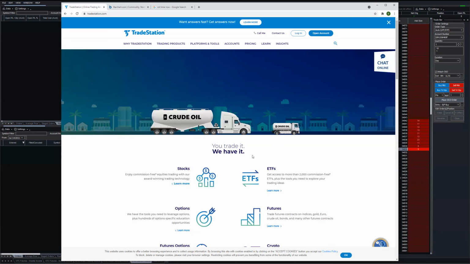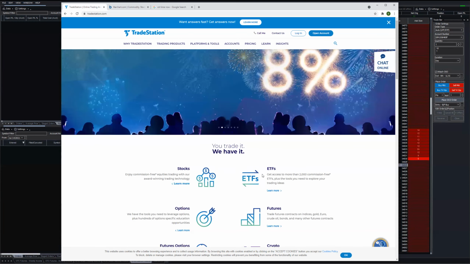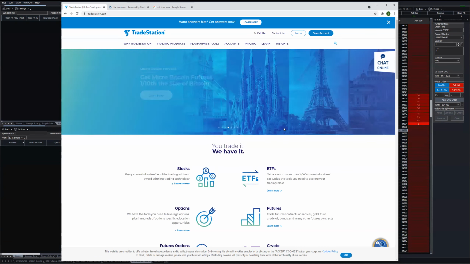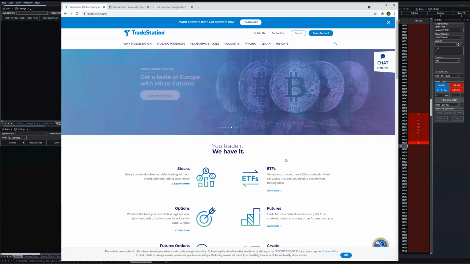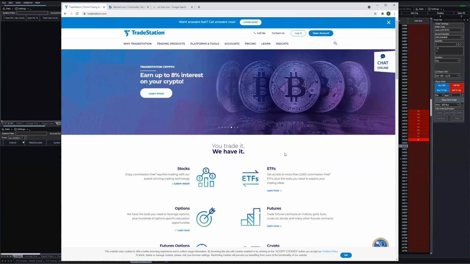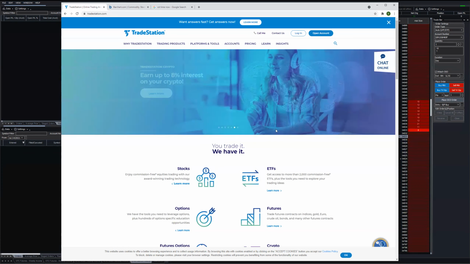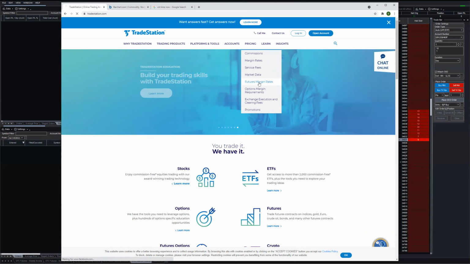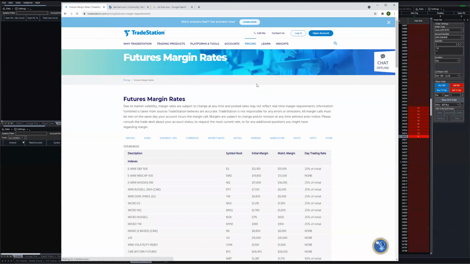If they introduce minis and micros on more products, they definitely get more retail customers. So I think this is the future also in the futures market. We then always have to double check and cross-check if there are new products coming, new minis, new micros, and update our radar screen accordingly. I just saw this today and wanted to show you. So we're obviously going to add the micro crude oil futures today as well.